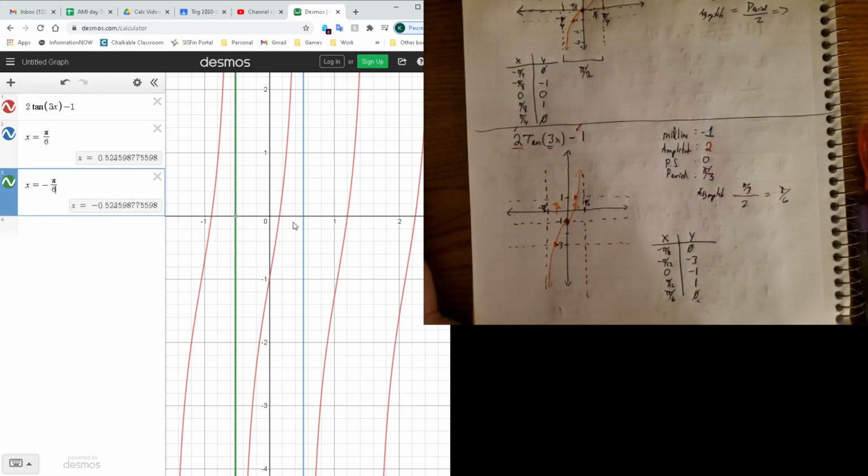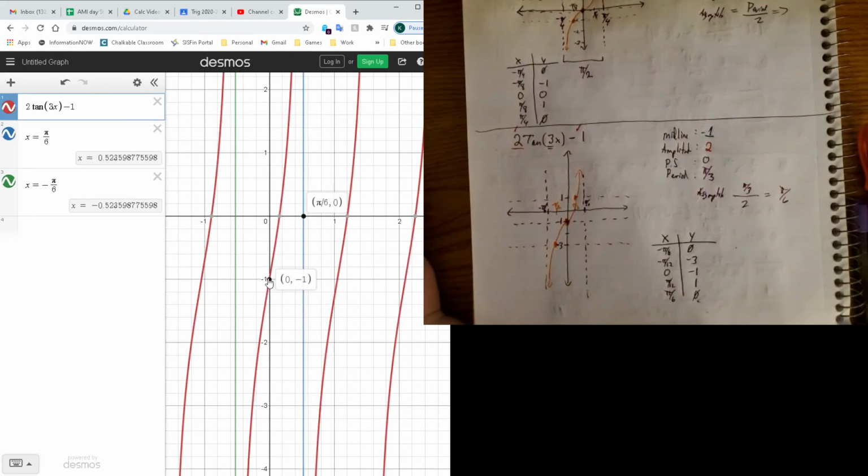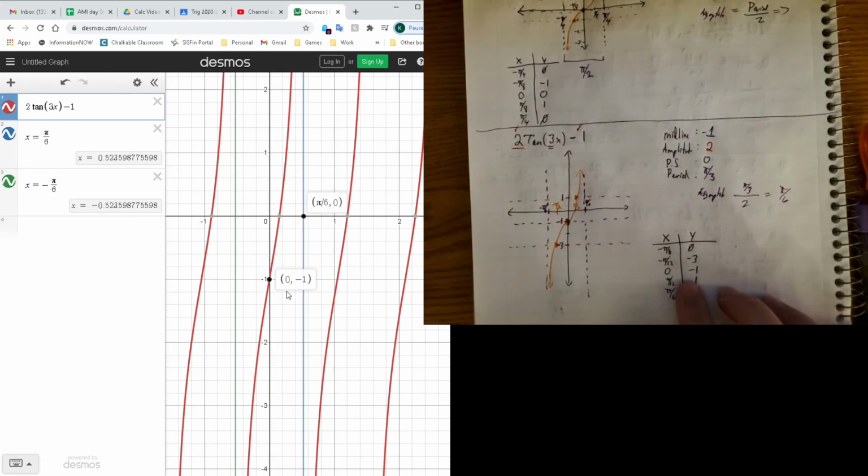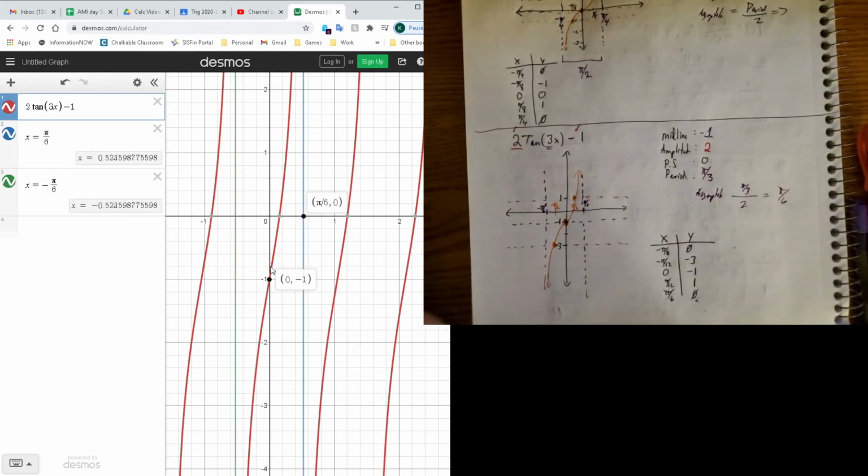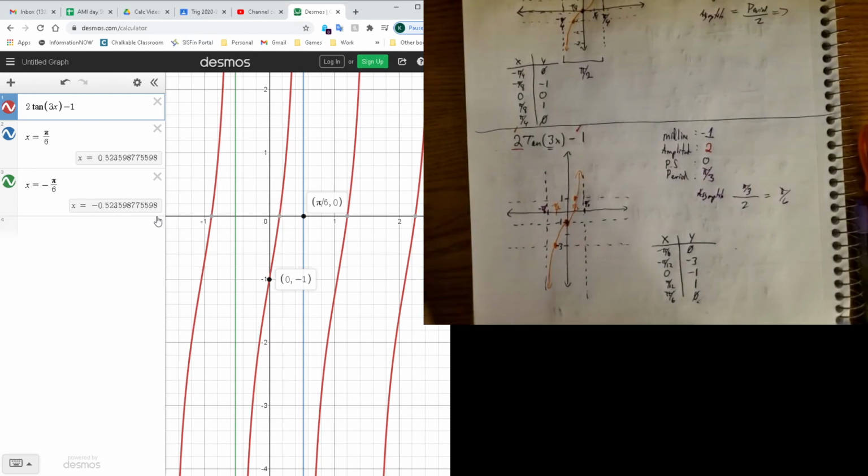So there's my two lines boxing it in. I can clearly cross the axis here at negative 1. So there's my two pieces. And then we had those values at negative 3 and positive 1 at those very specific fractions. So this looks to be perfect. Yay me. So there we go.